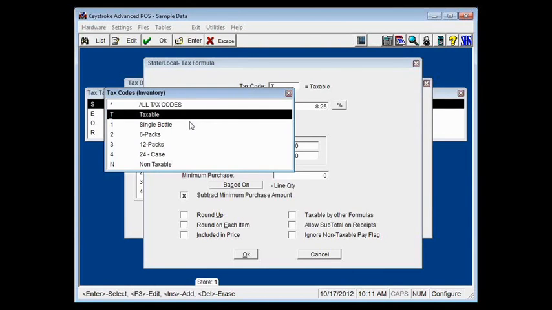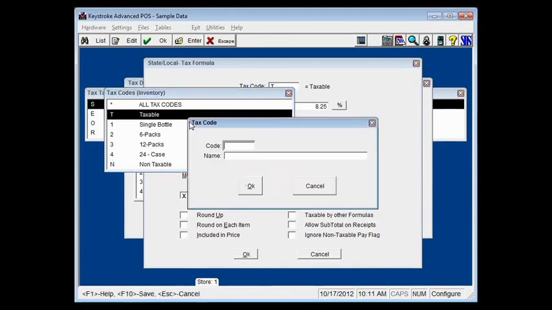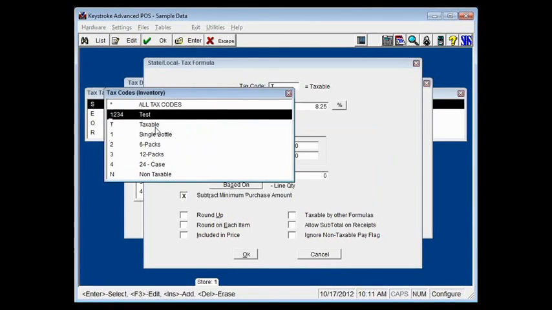Just like with other things in Keystroke, if you need to add to this list, you can hit F2 or insert. I'll put in a new tax code. We'll call it test.